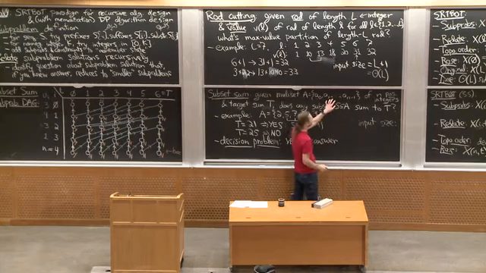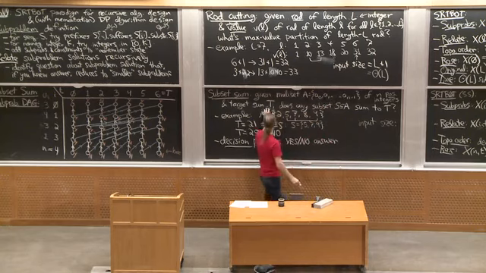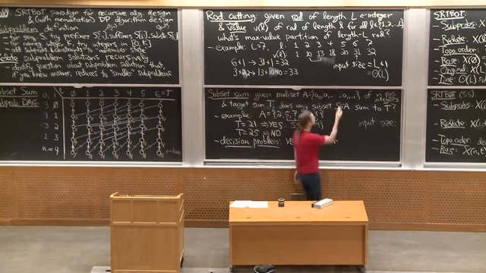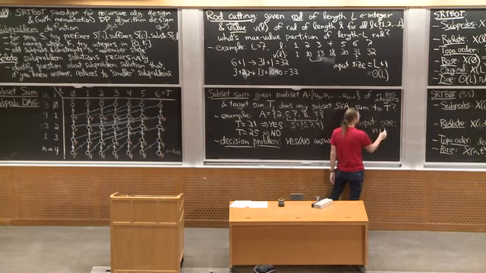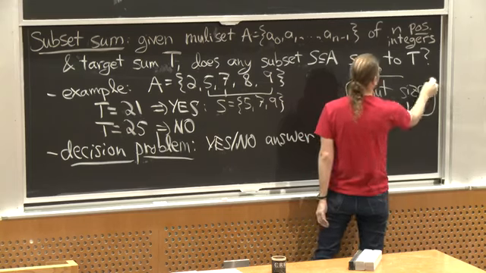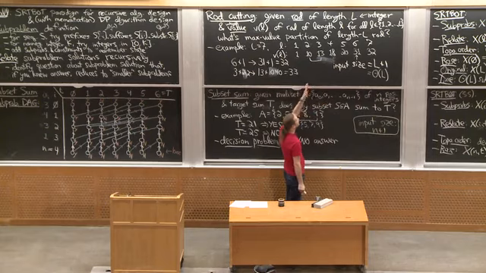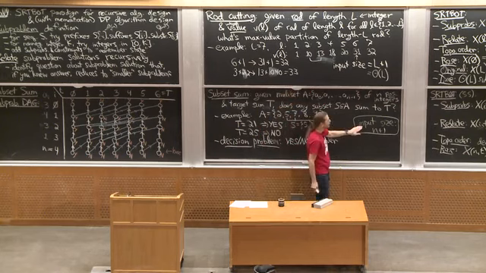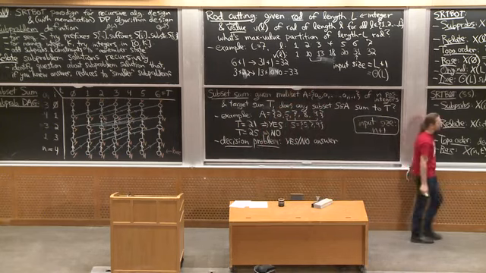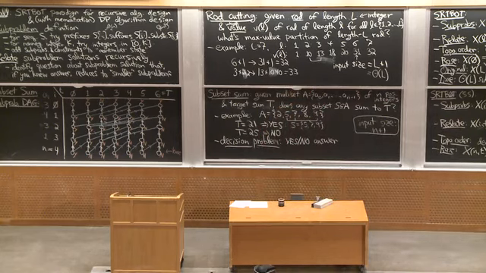Well, I have these n integers, and then I also have the target sum. So similar to up above, our input size is n plus 1. Okay, but now the labels really matter. Before, it was L plus 1, and our running time was a function of L. Now our input size is just n plus 1, but our running time is a function of both n and t.